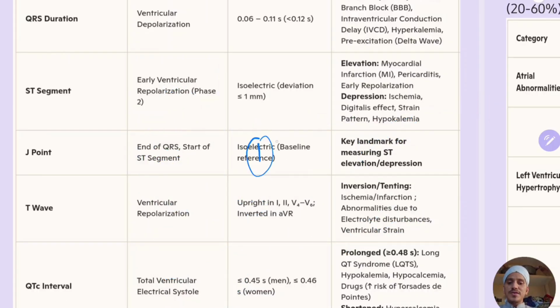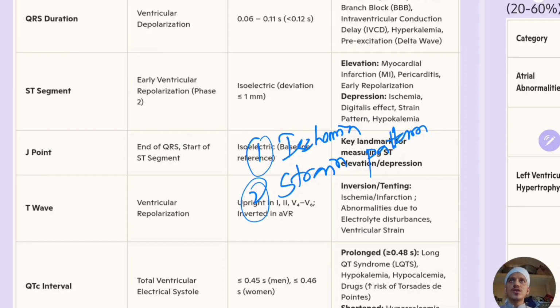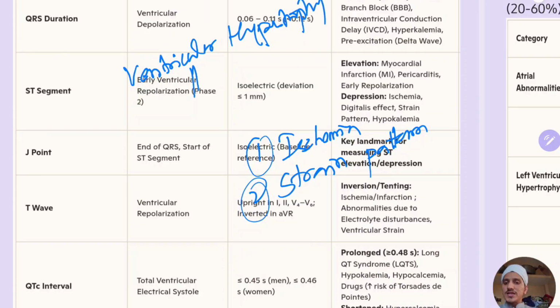So what are the differential diagnoses? Number one is ischemia. Second is strain pattern. What is strain pattern? Strain pattern is nothing but when there is volume overload or pressure overload, the ventricles will hypertrophy. When there is ventricular hypertrophy, there will be a demand and supply mismatch.